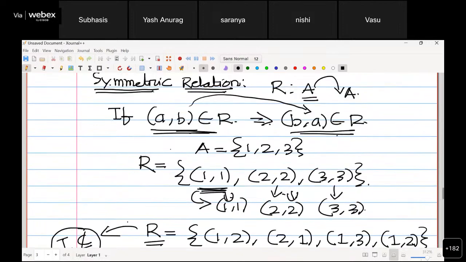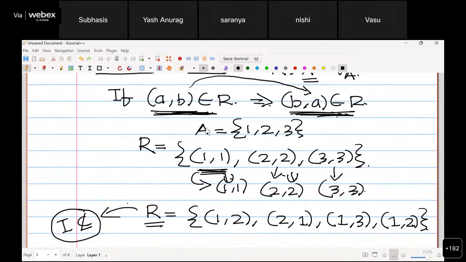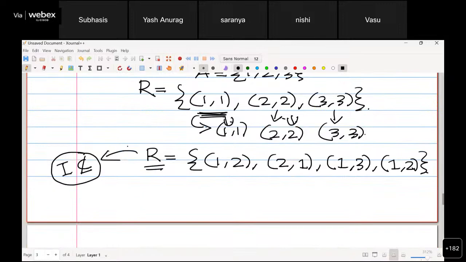Let's go back to the definition. The symmetric relation says that if (a, b) is in R, this should imply that (b, a) is in R. Let me start with each and every element. Here (1, 2) is in R. Next I should check whether (2, 1) is in R or not.